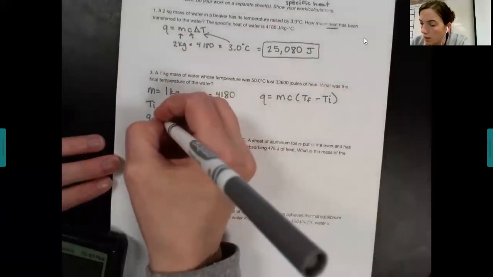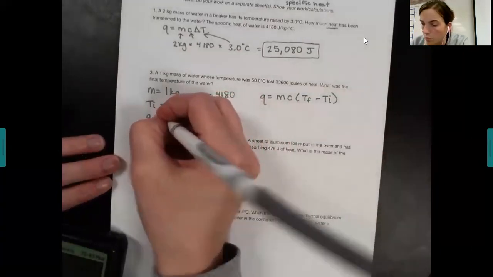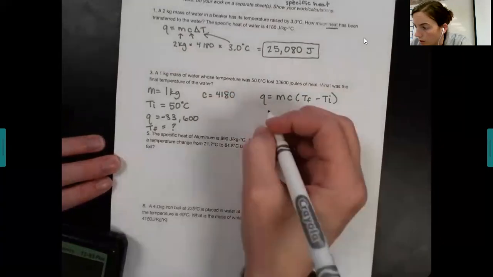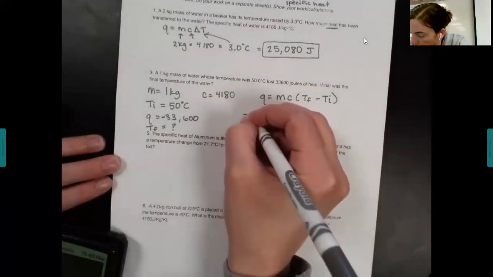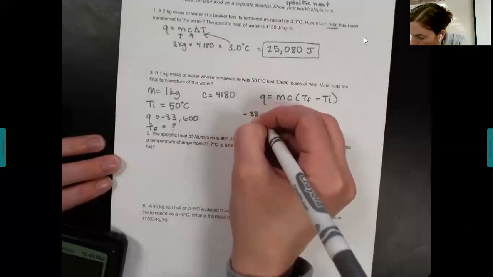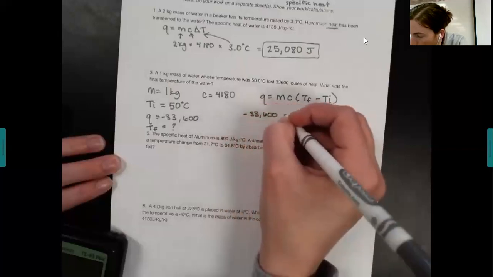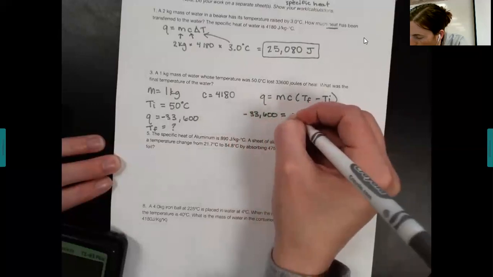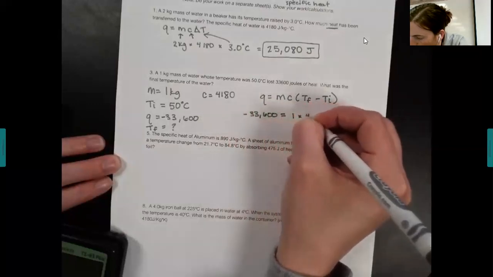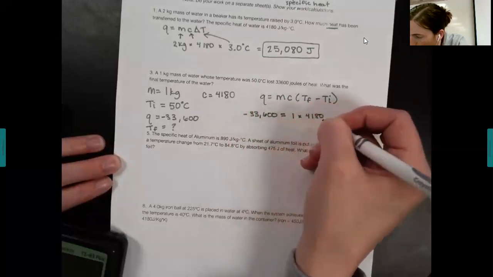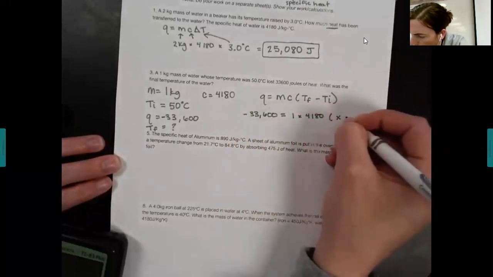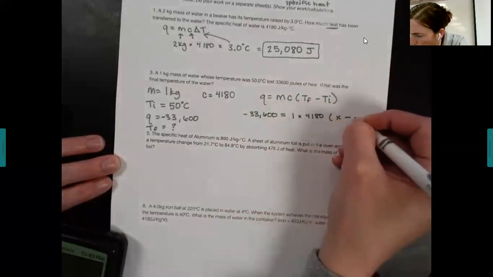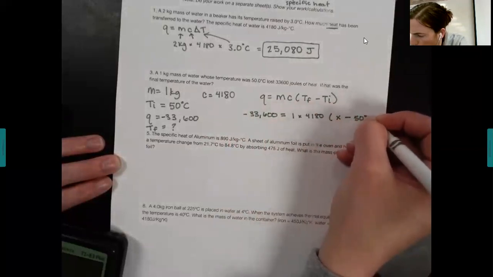Okay, and since it says it lost the heat, this is going to be negative, by the way. All right, so negative 33,600 is equal to 1 times 4,180 times the change of temperature. So we're looking for the final temperature, but our initial temperature was 50 degrees Celsius.